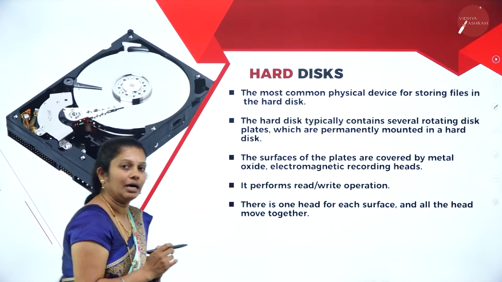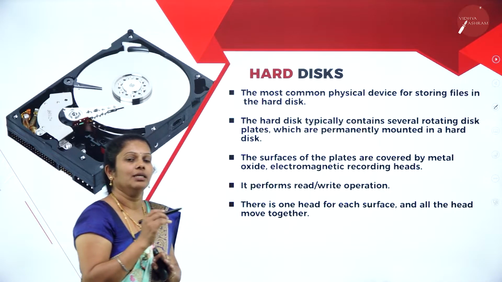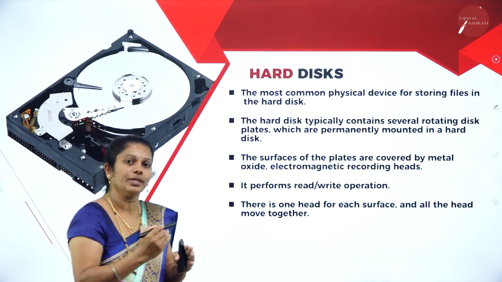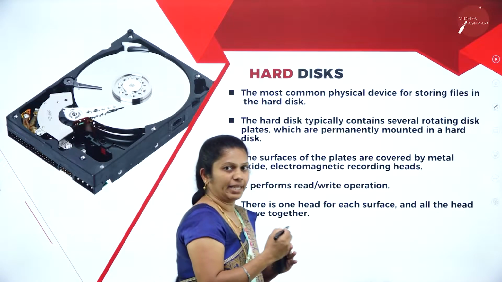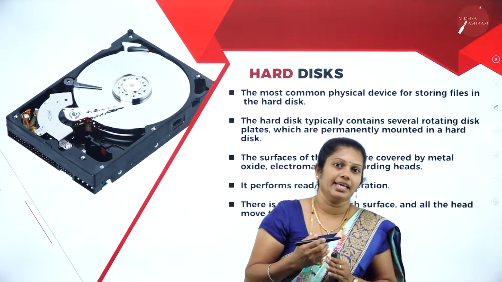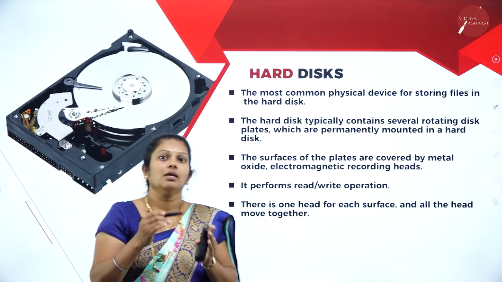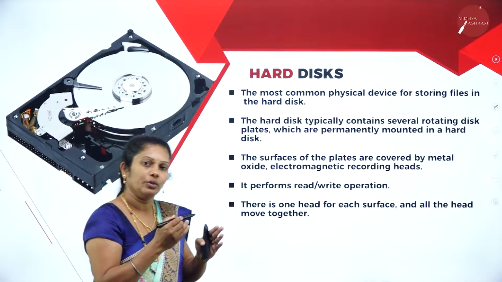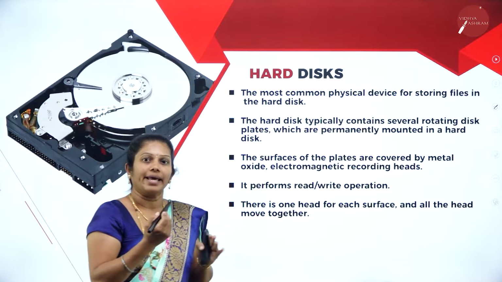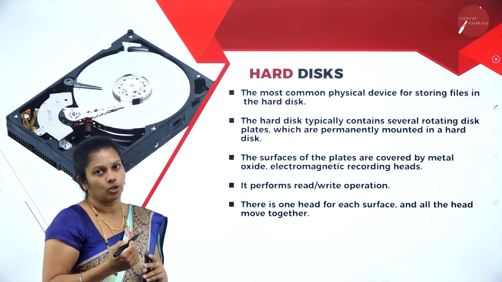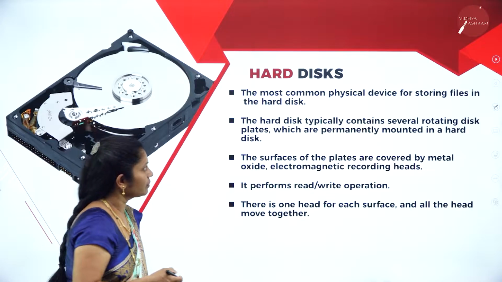Then, coming to the hard disk, the hard disks are permanently mounted inside the CPU. But if the capacity is not sufficient, then we purchase a new additional hard disk. Usually the hard disks are mounted inside the CPU, but if I want, I can take an additional hard disk also and insert it here.